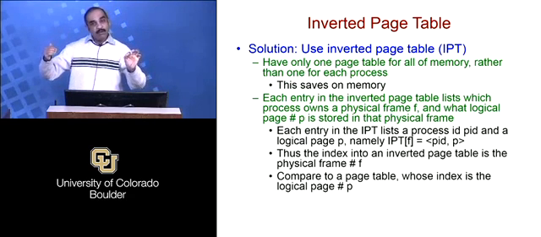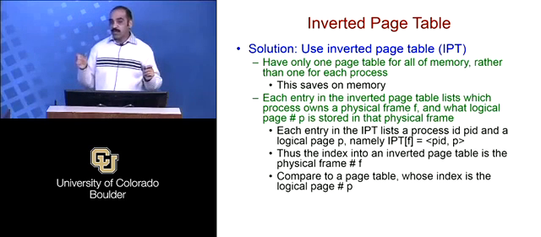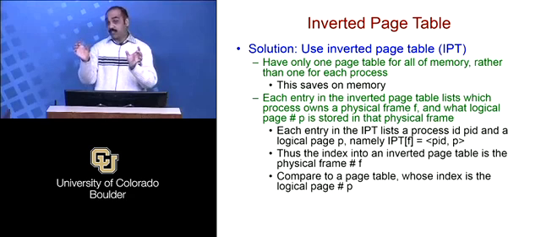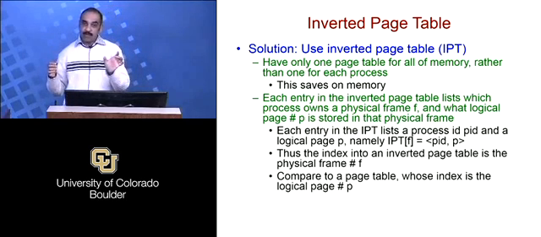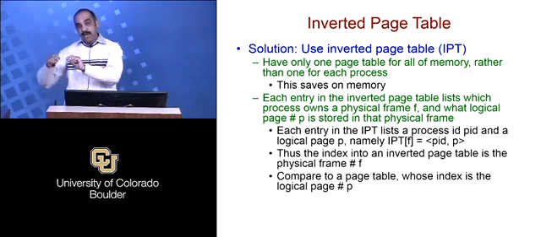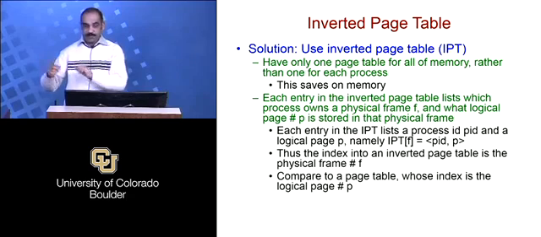But that mapping is not sufficient, because when you see a frame number and page number, you have to figure out which process this page belongs to. So now you have to store 2 entries: frame number maps to a page number and the process ID of that page. Who owns that page?